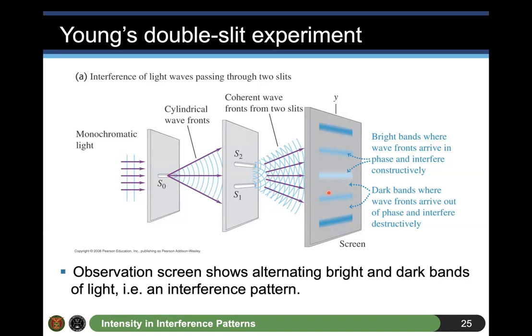We call them umbra and penumbra. Umbra means dark and penumbra means not dark, basically the light bands. So actually there is an interference pattern. Young's double slit experiment on a larger scale is the eclipse.